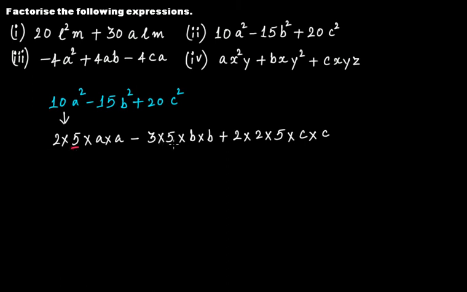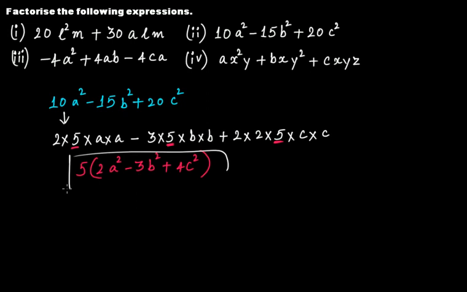So this 5, this 5, this 5, and then, yep, that's it. You have only one factor common, that is 5. So 5 outside the bracket, then you have 2a squared minus 3b squared and then plus 4c squared. So this is the required factorization of this algebraic expression.